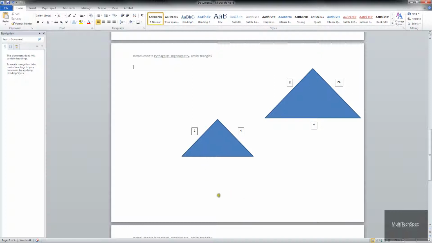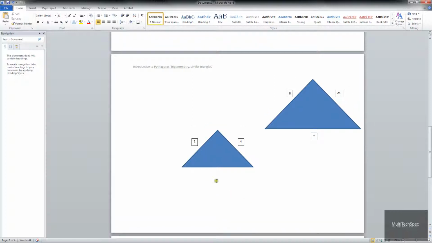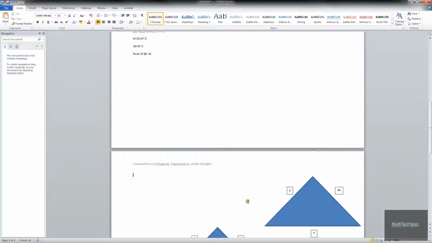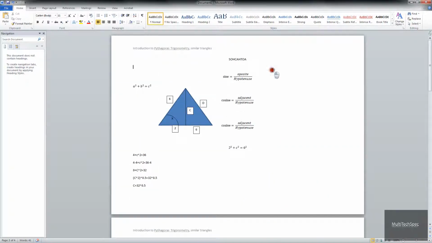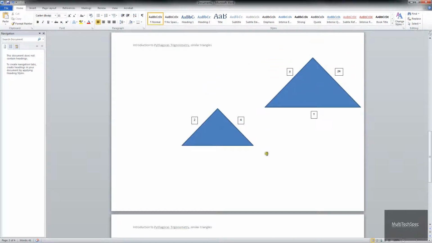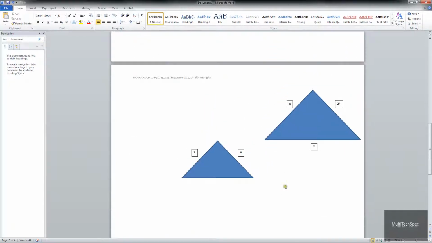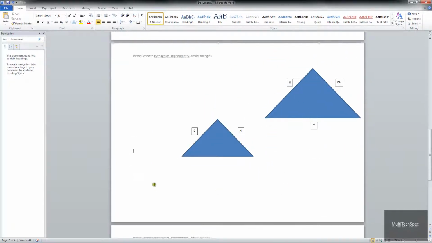And if you think about it, this is going to be the same as what we're going to learn in trigonometry, which is this part up here. Now I've come down to this part deliberately because I want to point something out to you. In this triangle we have two parts of information.